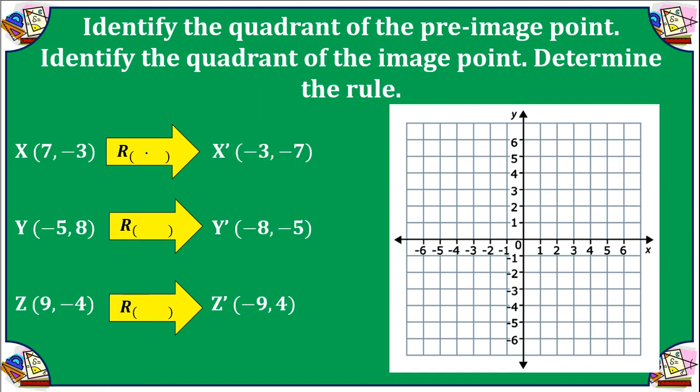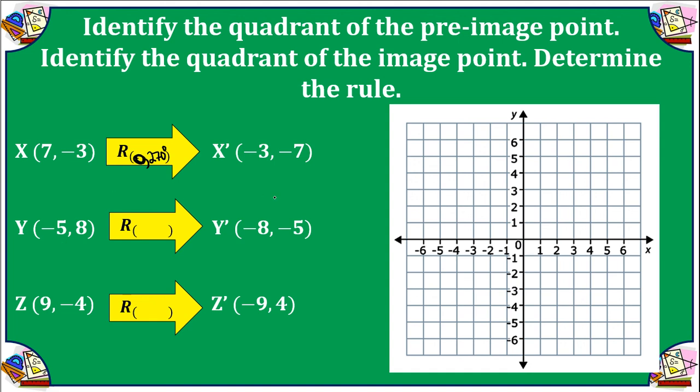Okay, now we're going to write the rule. So we're always going to go about the origin. So that's an O for the origin. And so we have changed positions and the x has changed value, and so it went negative, and then they swapped positions. So this is going to be 270 degrees about the origin.